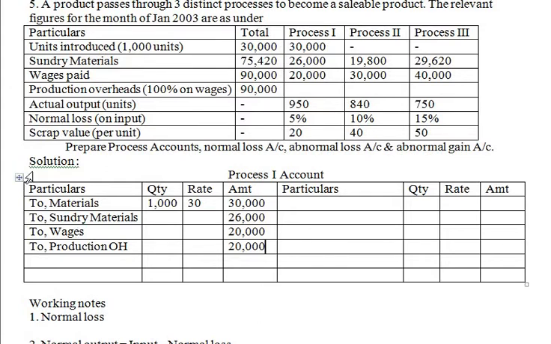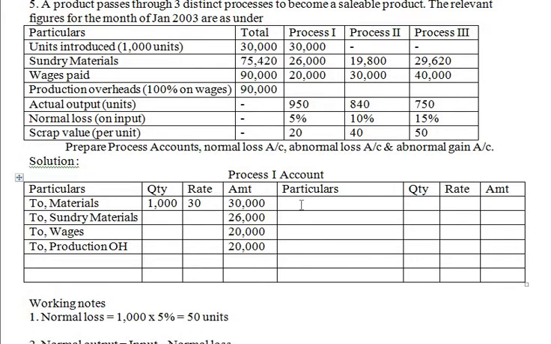Okay. Now normal loss, again we need to find out normal loss. So normal loss percentage is 5% for process 1. It should be calculated on input. So input is 1000 units into 5%. Okay, so that will be equal to 50 units.